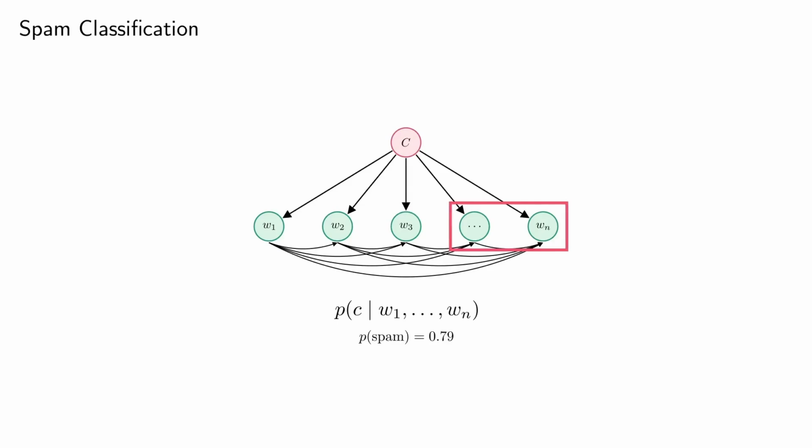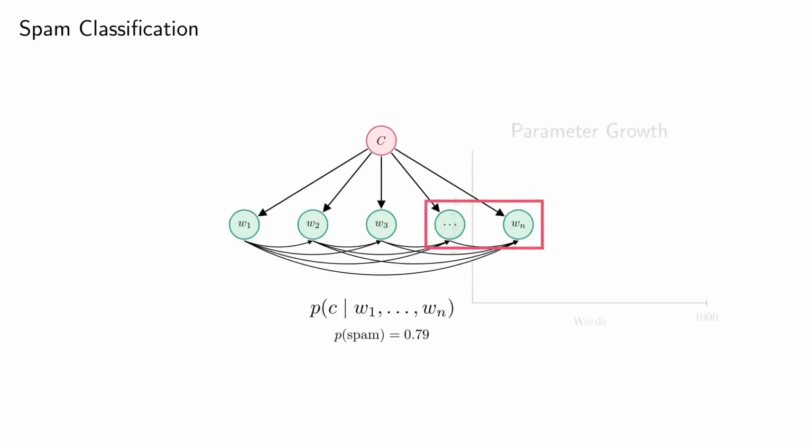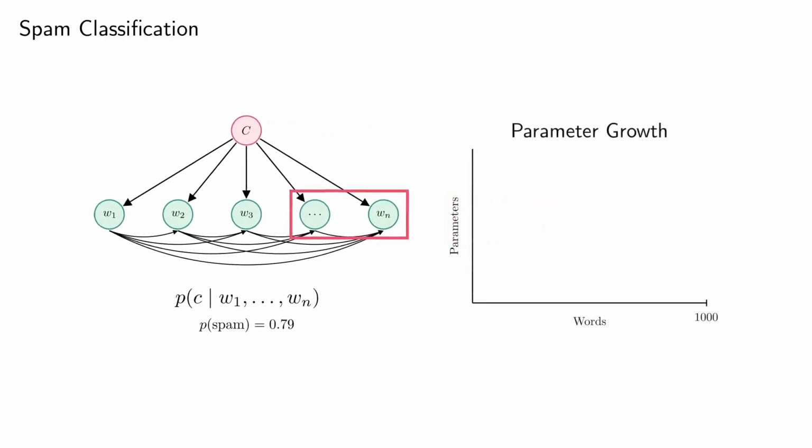Such a rich joint distribution has a cost, however. As the number of word variables grows, the number of parameters grow very quickly as well. For this unrestricted binary model, there are n plus 1 binary variables, the class and n word indicators. They have 2 to the n plus 1 possible joint configurations.